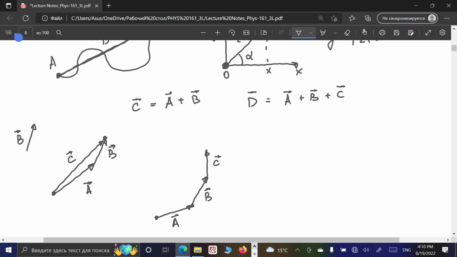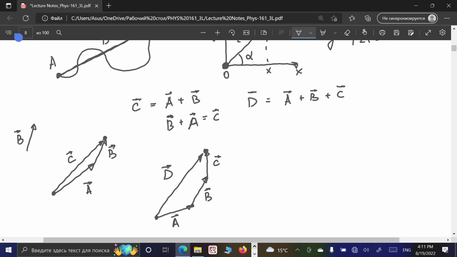So here we have the origin of vector a and the end of vector c. We connect them with a new vector, which is the sum of all these three vectors. It is also important to mention that if we change the order, for instance, b plus c plus a, that will still be the same vector. So it doesn't matter what the order is.